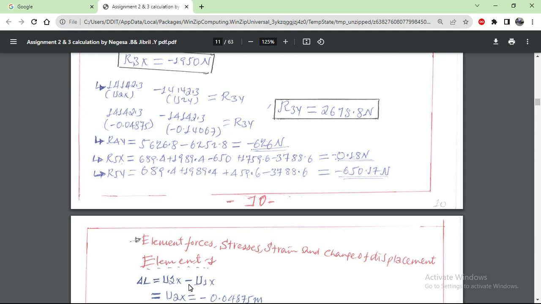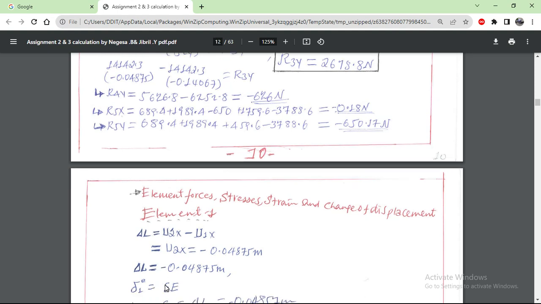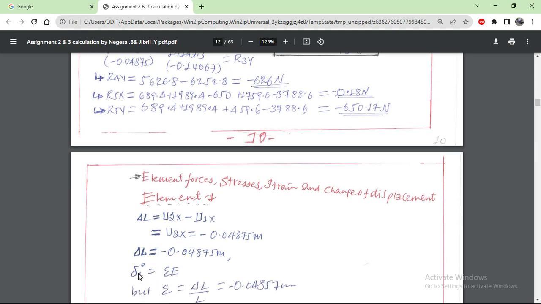Here the displacement at node number 1 in the x direction is 0. So we get the change of displacement. Negative shows that it is compressive. The stress is equal to strain times Young's modulus, and the modulus is given.